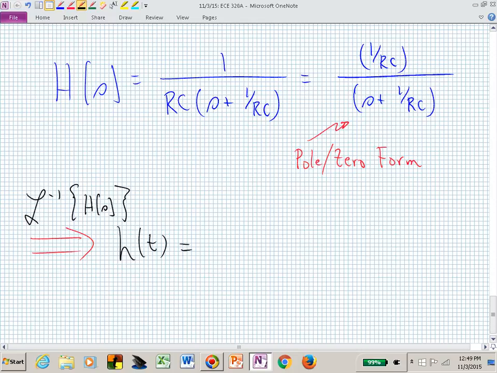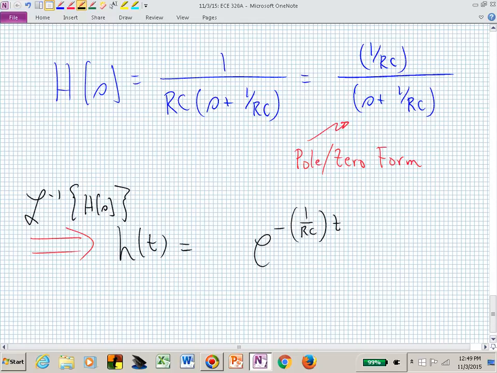You now have s plus a in the denominator. What's that inverse Laplace transform? E to the minus at. So this should be e to the minus a, which is 1 over RC, times t.